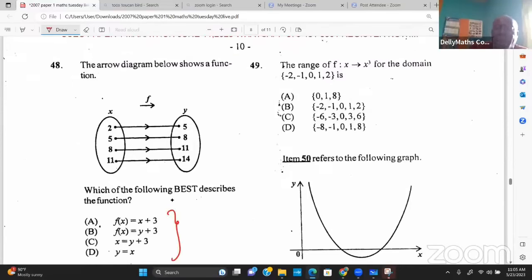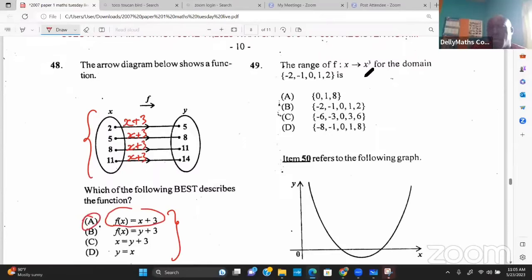But at the same time, you could look at the relationship between every x and its respective y. I'm adding 3. I'm adding 3. I am adding 3. So it works. So x plus 3 is the answer. A.